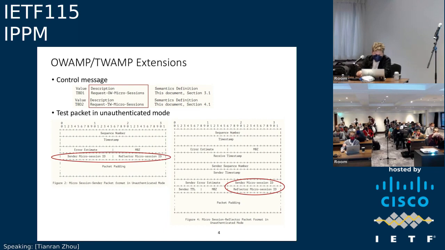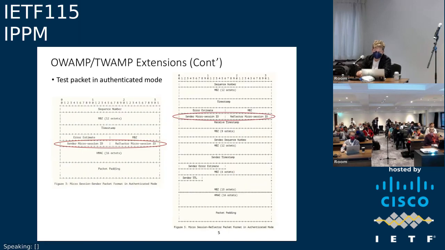Both IDs are locally assigned. Next. And this shows how the sender micro session ID and the reflector micro session ID are located in the authenticated mode. The next page.